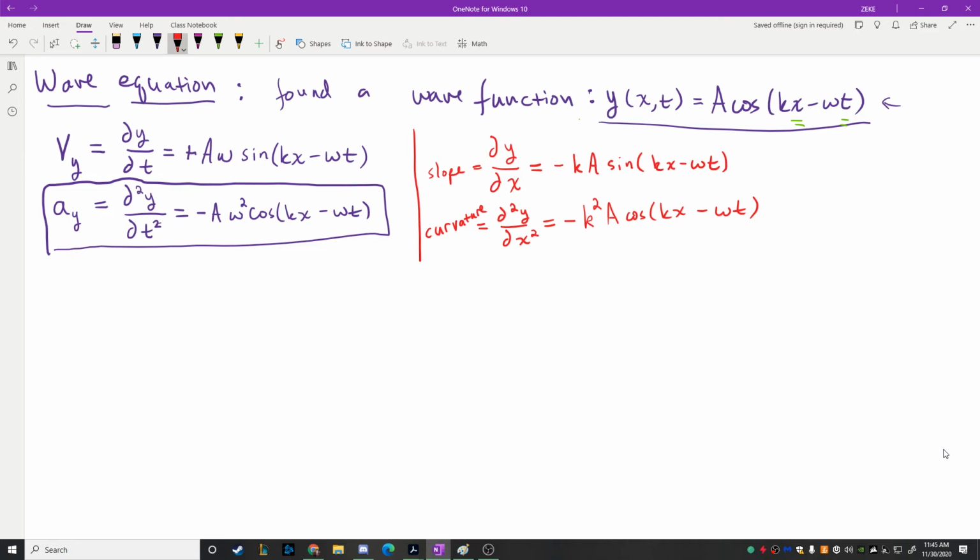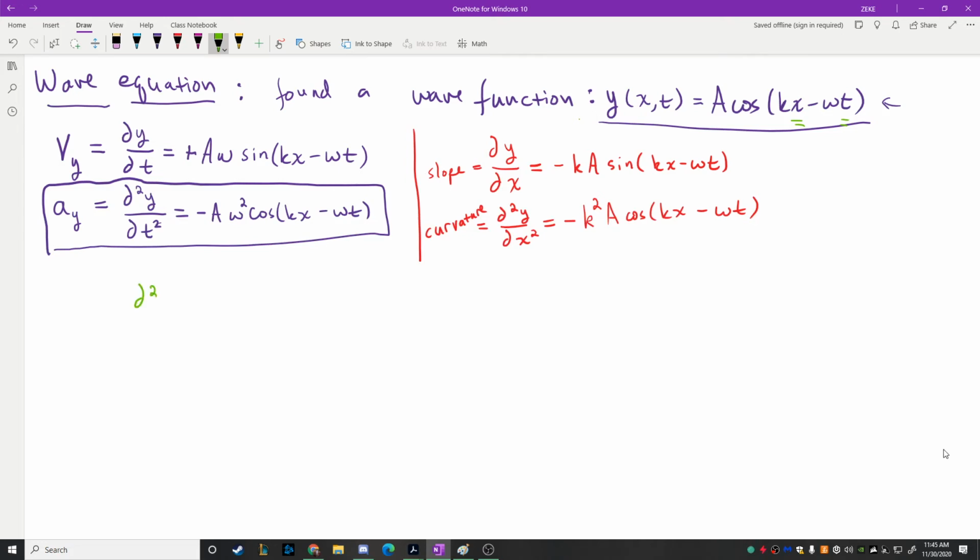All right, so we've got these two equations, and you might notice they're really similar to each other. In fact, what we can do is equate them to each other. If we put these two equations together, this is what we're going to get.